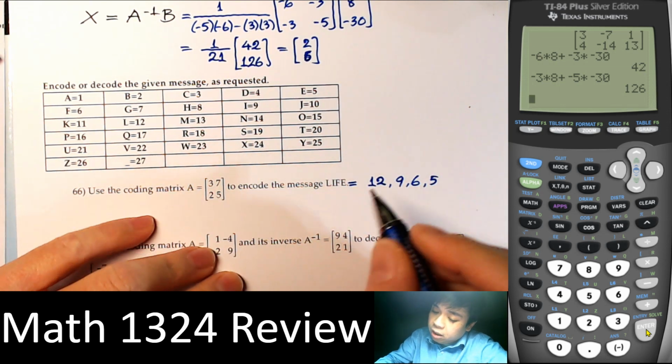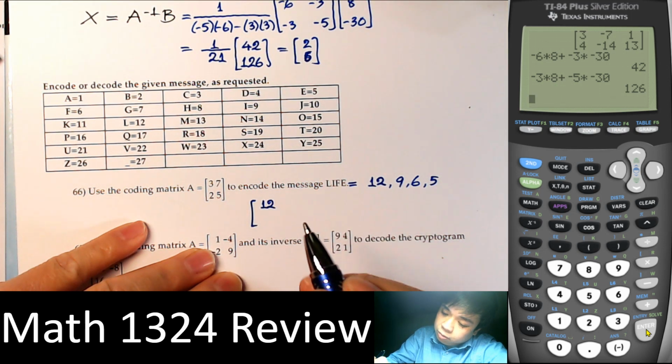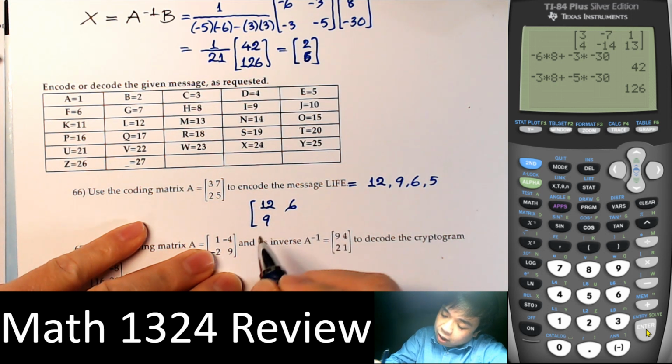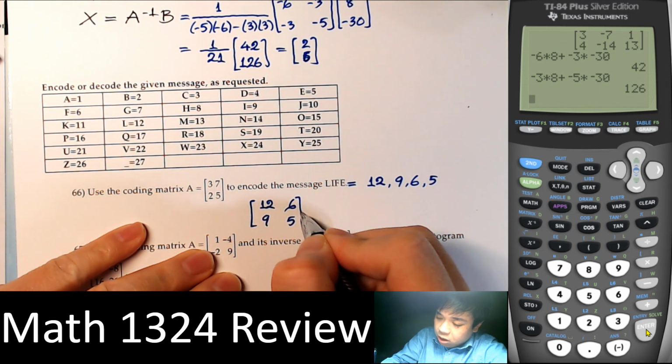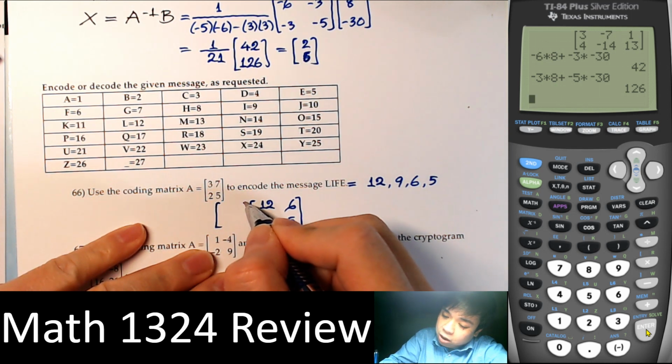We put this in matrix form in a column: 12, 9, 6, and 5. So this is the message, and we have the encoding matrix we multiply to it.